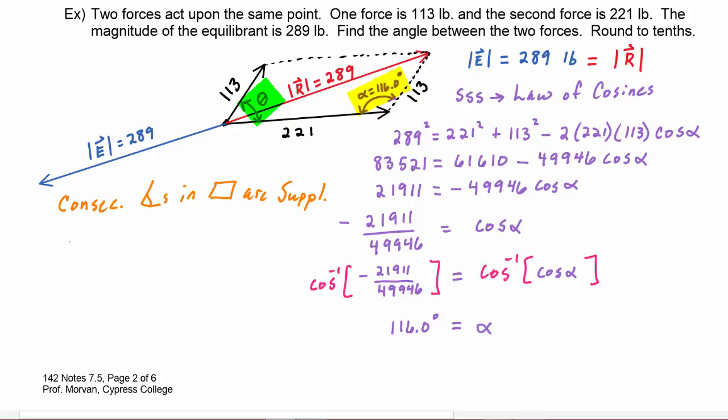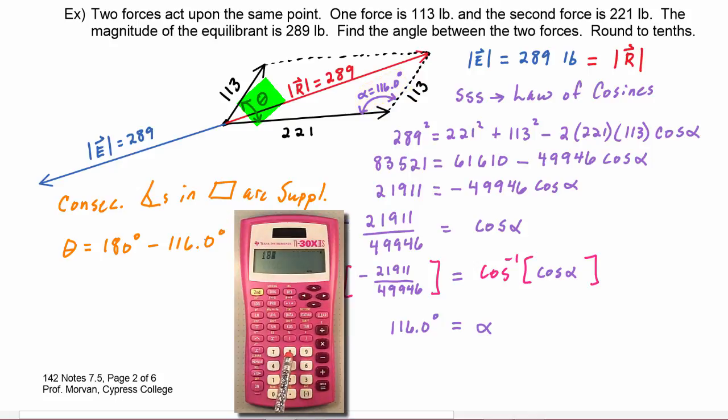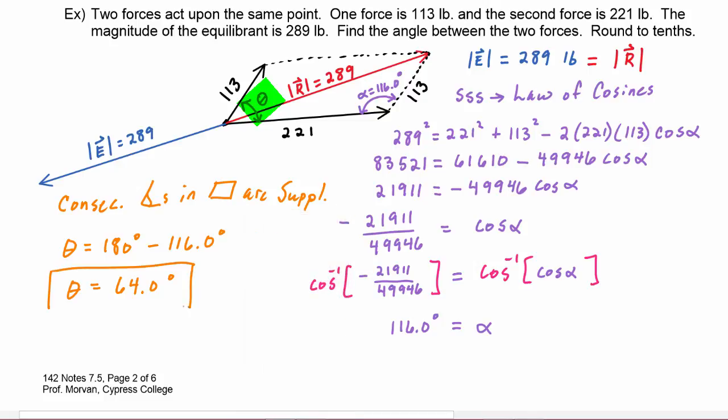So that means theta is going to equal 180 degrees minus 116.0 degrees, and we see that theta then is going to be 64.0 degrees. And that is the angle between our two forces.